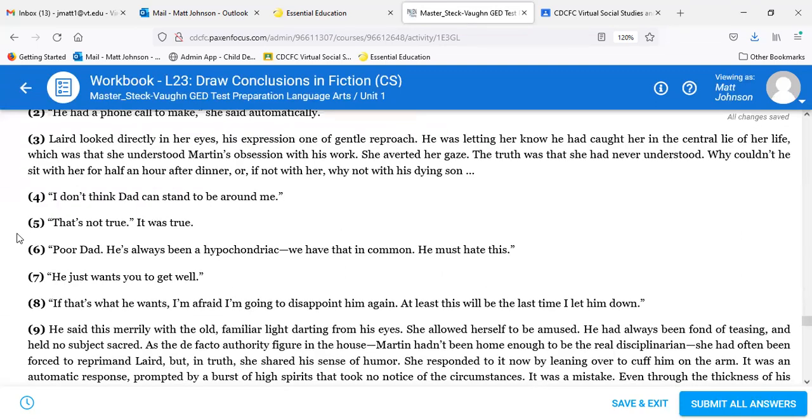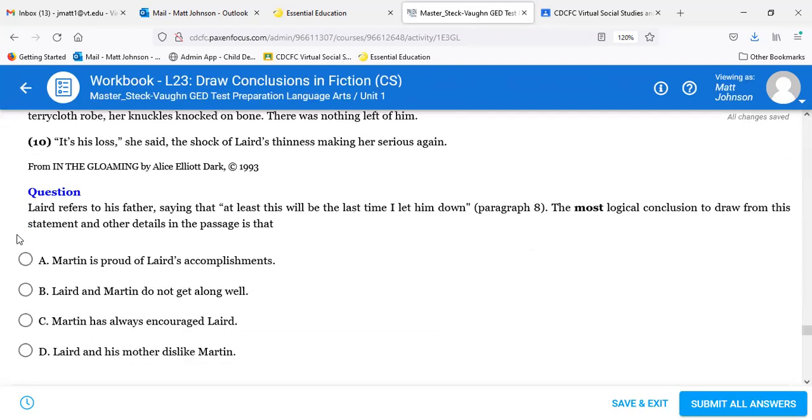12, Tracy, you want to read question 12 here? Yes. Laird refers to his father, saying that at least this will be the last time I let him down. Paragraph 8. The most logical conclusion to draw from this statement and all the detail in the passage is that A. Martin is proud of Laird's accomplishments.